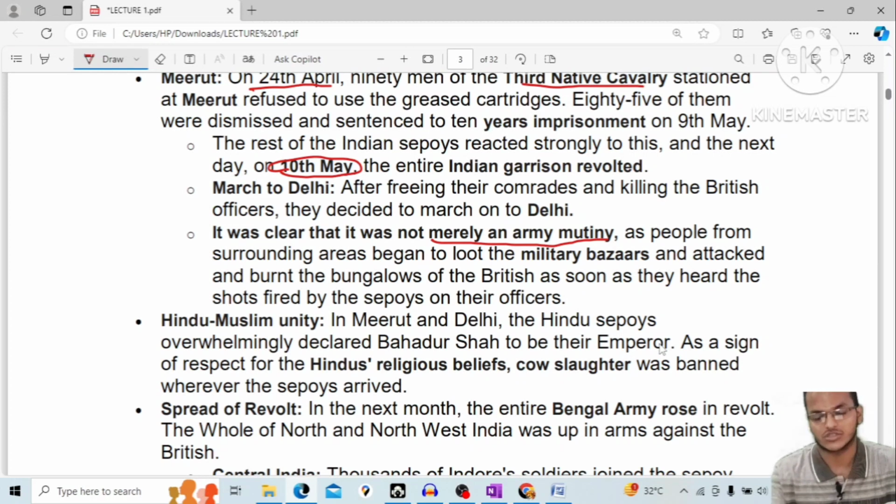So it was not only a sepoy mutiny, or due to the immediate cause of the greased Enfield rifle. So it was not the only reason. There were thousands of reasons for which the revolt started, and it went through the whole of India.